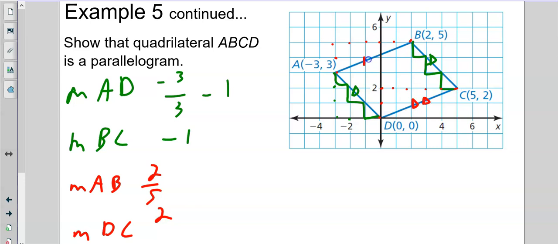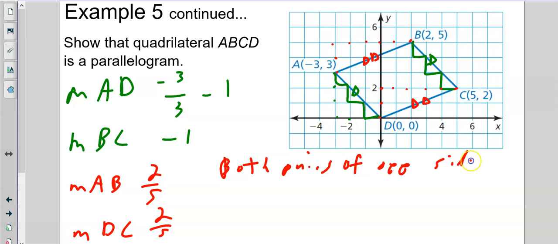I've just proven that these two are parallel. Okay, so both pairs of opposite sides are parallel. Okay, so that's probably the easiest way to do it.